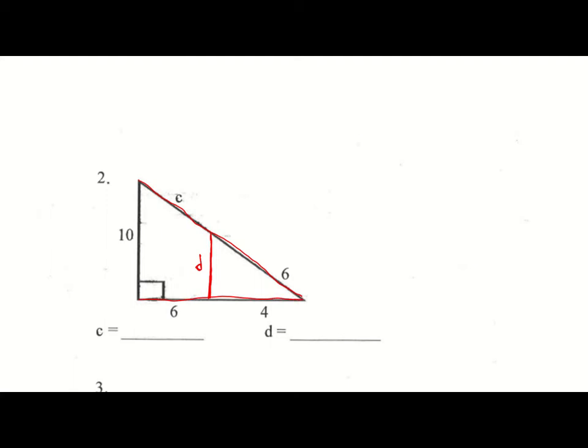So we can say that our ratio 6 over C is going to equal 4 over 6. Cross multiply, we get 6 times 6 is 36, which equals 4C. Divide by 4, C equals 9.